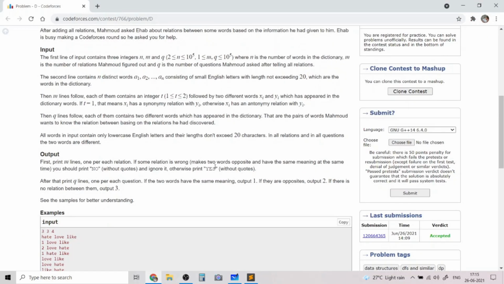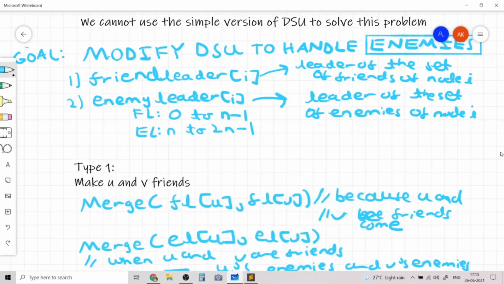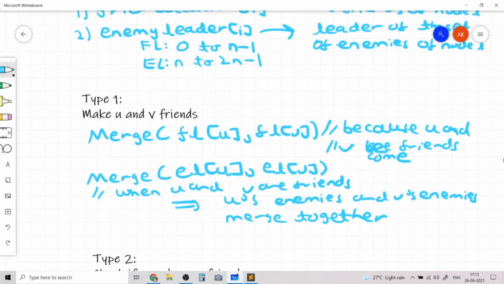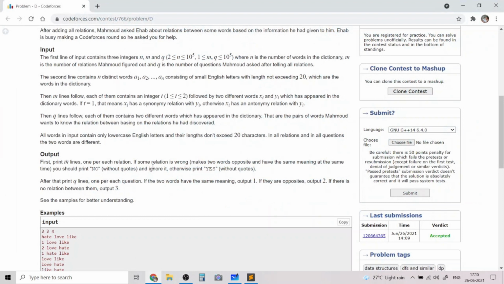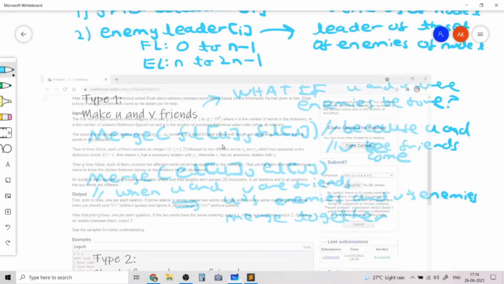However, you'll realize that each relation can make the previous relations wrong. So in this case, what if U and V were already enemies before? Then obviously the type 1 query wouldn't make sense, and the solution to that would be to ignore this relation.